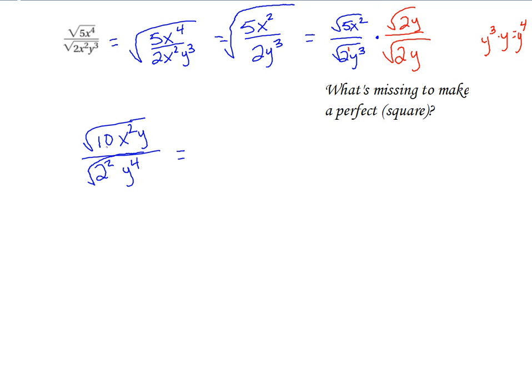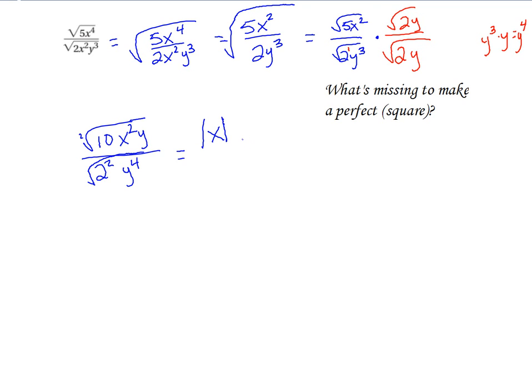So square root of 10, again, thinking perfect squares, square root of 10 cannot be simplified. But the square root of x squared, that's just x. And remember, anytime you start with an even index and you get an odd exponent, so the 1 that we got right there, you have to put absolute value around it.